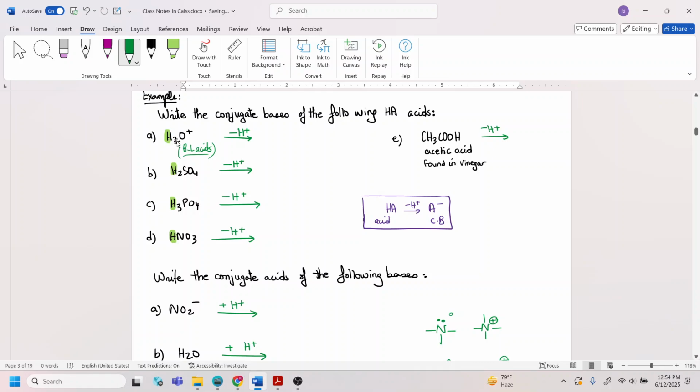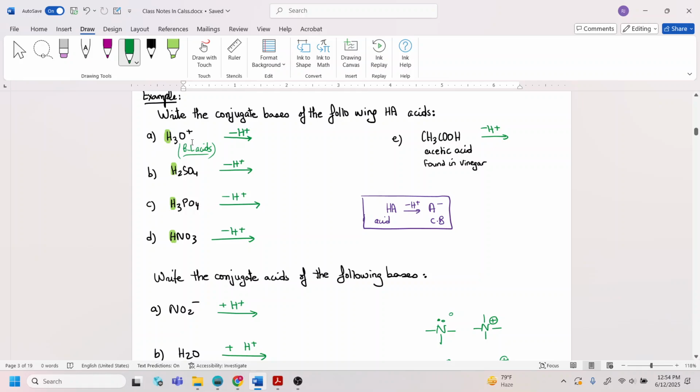So I ask you, starting with these acids, change them into their conjugate bases. To change each one of those into its conjugate base, all you need to do is allow the acid to do its job and lose a hydrogen. That's why we have an H plus in there. This means that the acid is losing a hydrogen.